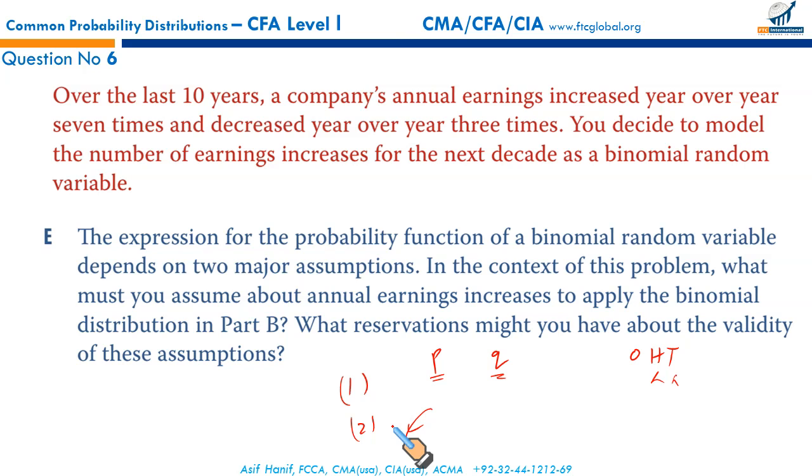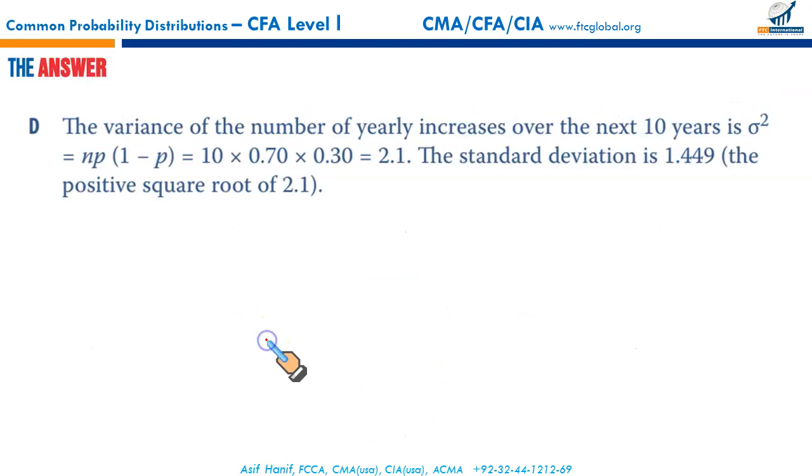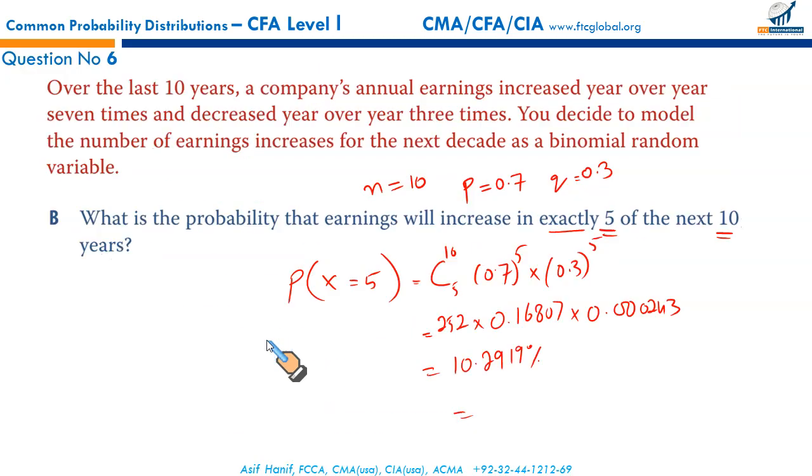Now, here the question says, the expression for the probability function of binomial distribution variable depends on two major assumptions that are discussed. In the context of this problem, what must you assume about annual earnings increases to apply the binomial distribution in part B? What is the probability that earnings will increase in exactly 5 of the next 10 years?